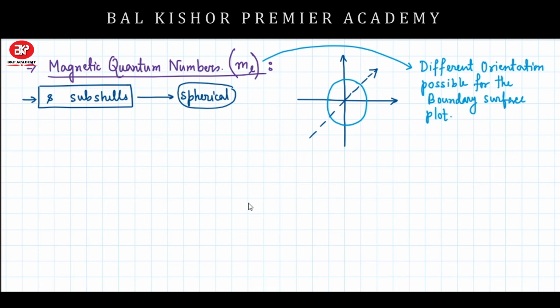That's why the ml value for the s subshell is always 0, because it has only one orientation, and this ml value denotes the number of orbitals in the subshell.